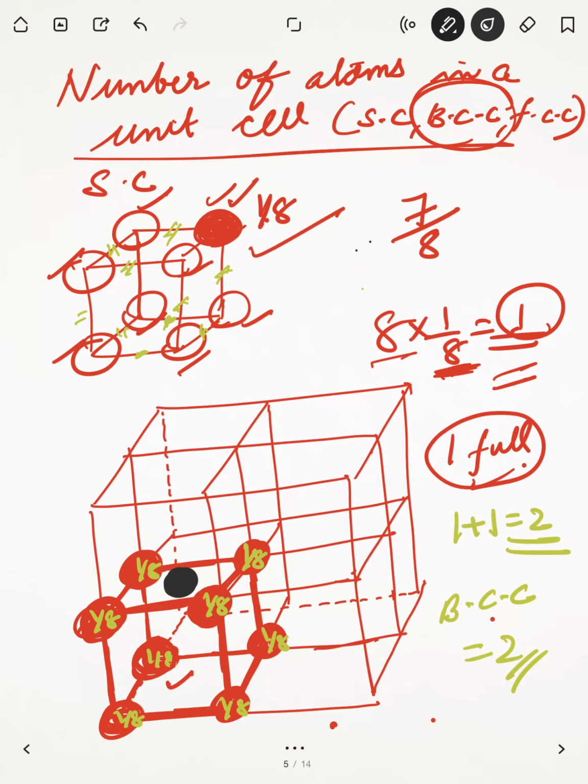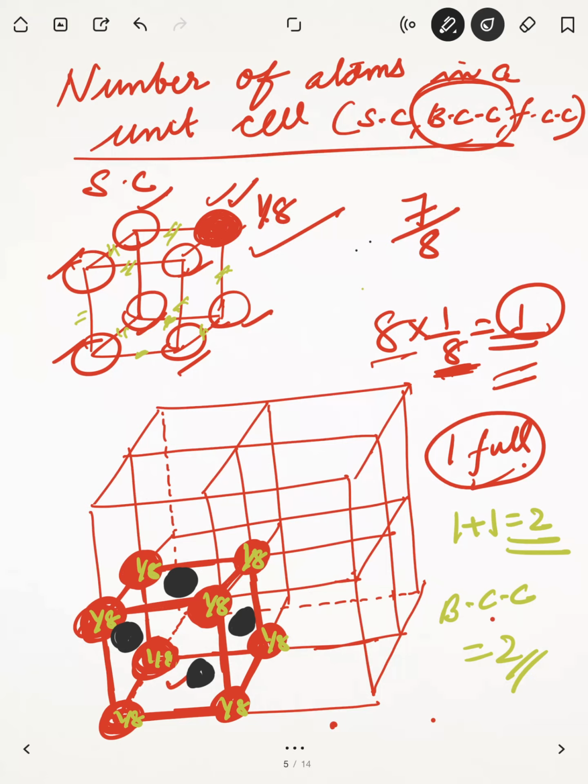How many faces are there? 6 faces are there for the cube. Center of top face, center of this side face, now bottom face center, and this side face.